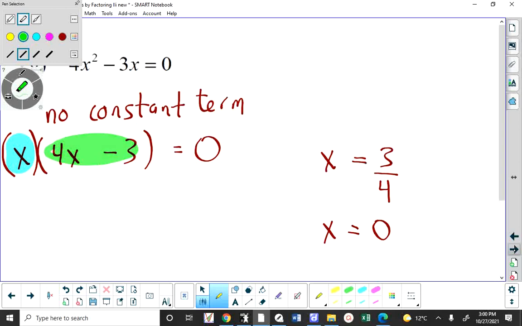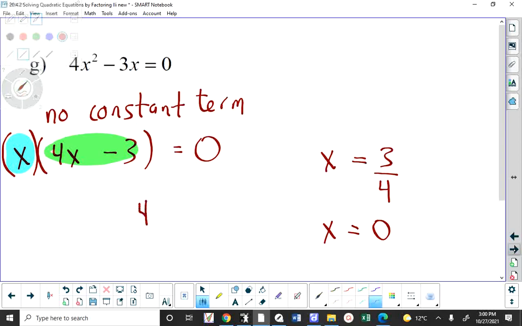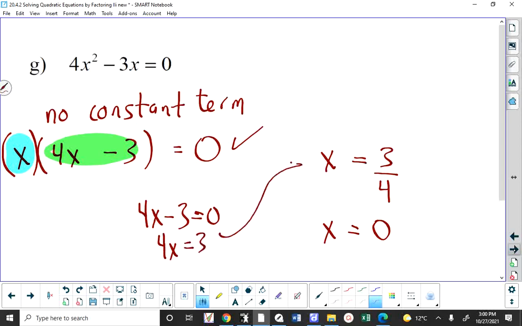So to get the 3/4, you say, well, okay, that makes sense. 4x minus 3 equals 0. If that's equal to 0, the green thing is 0, and when you multiply it by the blue thing, you get 0, which we're supposed to get. And you solve this equation. You move the 3 over, and you divide by 4 to get this.